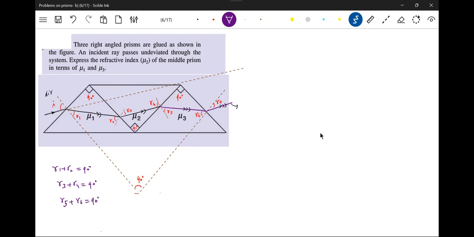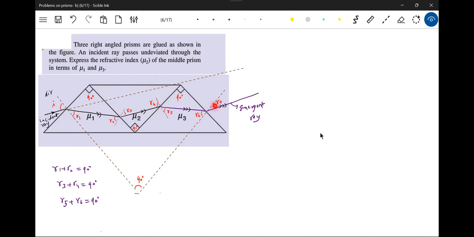And this is the emergent ray. And this is the incident ray. And they are in fact parallel. You can see these two are parallel. So if emergent is parallel to incident ray, now we can write something about R7 and I and 90 degrees. So these two will become like a triangle.